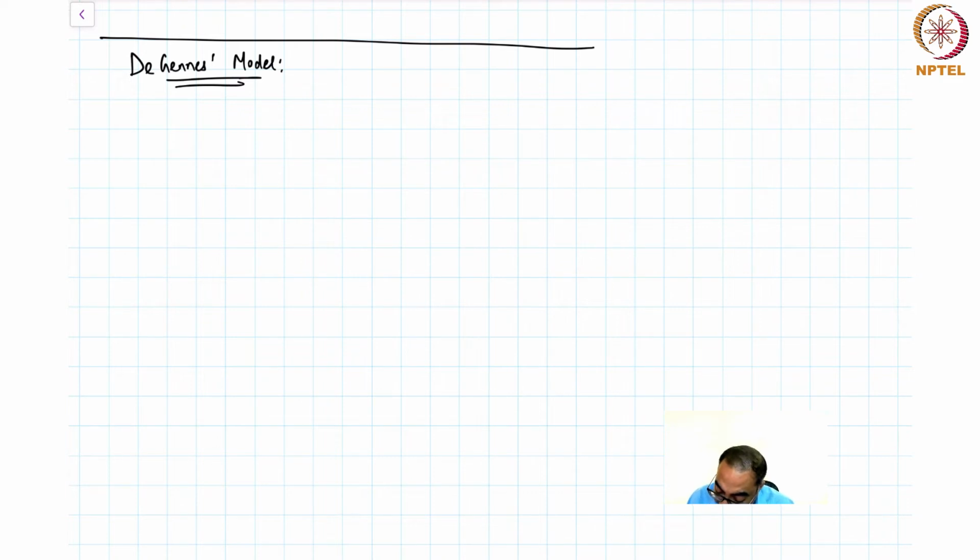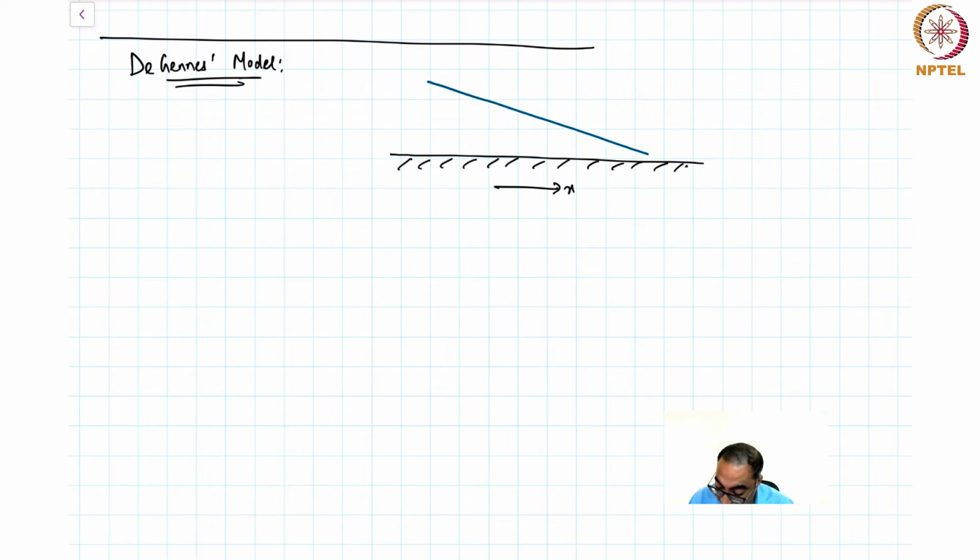Let's say we have a flat surface like this, and let's say this is x, over which there is a contact line and an interface like this. We'll call this angle theta d.